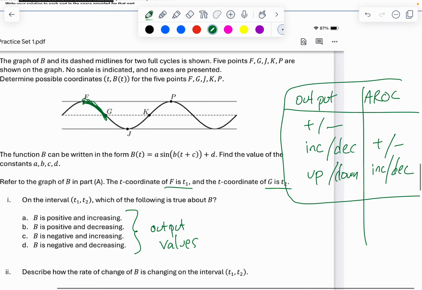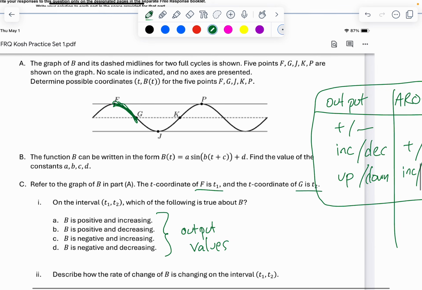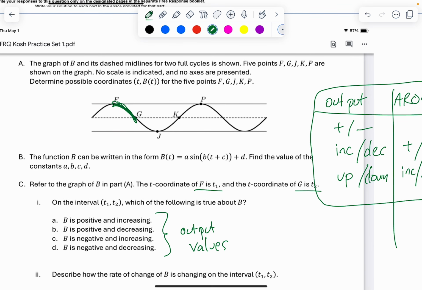Okay, so this is talking about the output values. Notice I cropped off the top of the problem. I don't know if they're positive or negative. I need more information. I don't really care about the input value, but if the output value is -5, or whatever, and then we're at 0, and then we get back up to positive 5, I totally made up numbers, these points would be positive, but these down here would be negative.